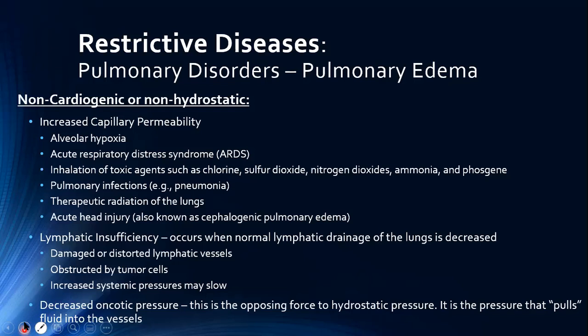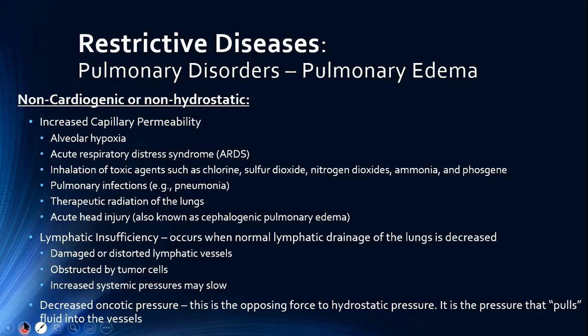Acute head injury, known as cephalogenic pulmonary edema. If you have a head injury, that can cause all kinds of problems, right? That brain injury can cause all kinds of problems. People can have high fevers, they can sweat a whole lot. They call it a neurologic crisis, right? A brain injury can cause the body to heat up to 105, and you don't even have an infection, right?